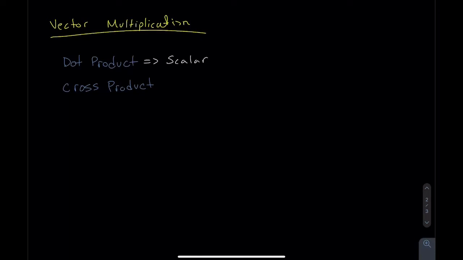And when we multiply vectors together using the cross product method, the result is a vector. It's a vector, so that means it has both a magnitude and a direction. So it has both.